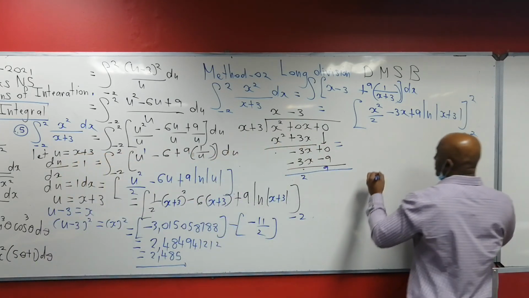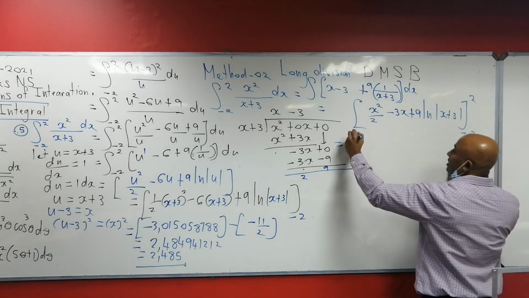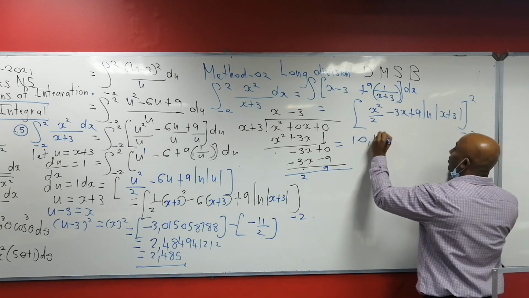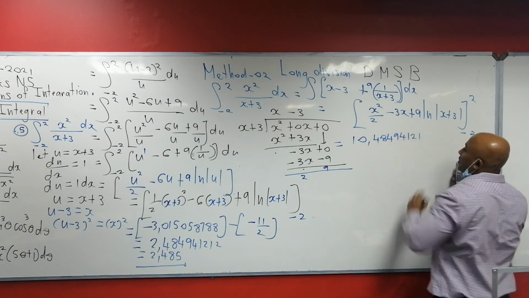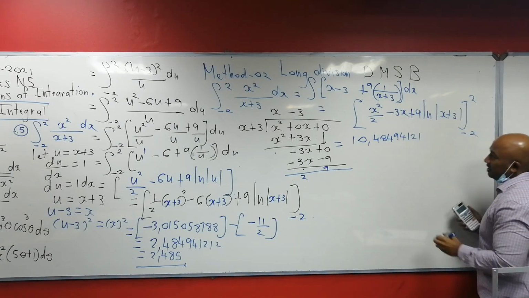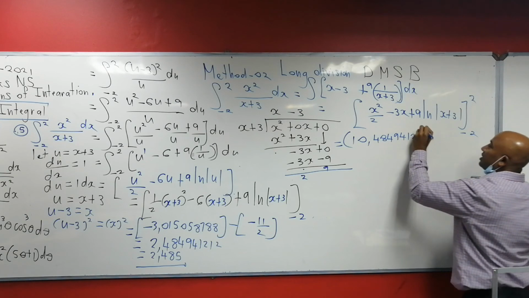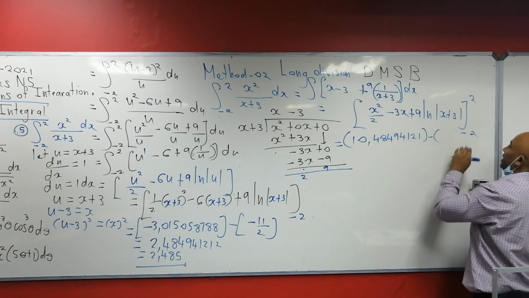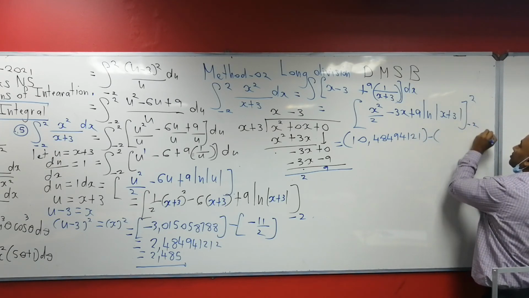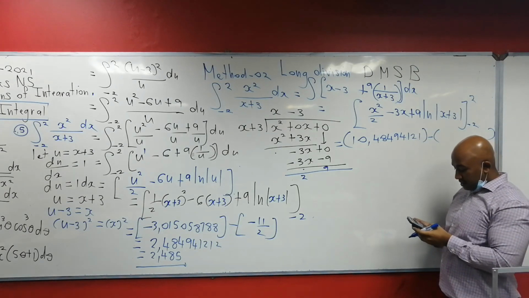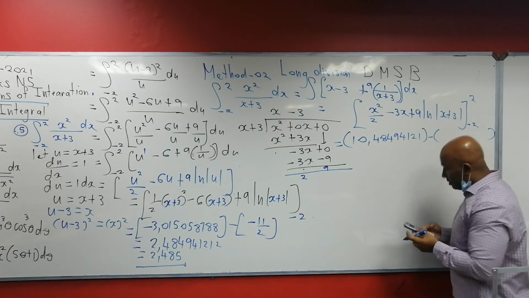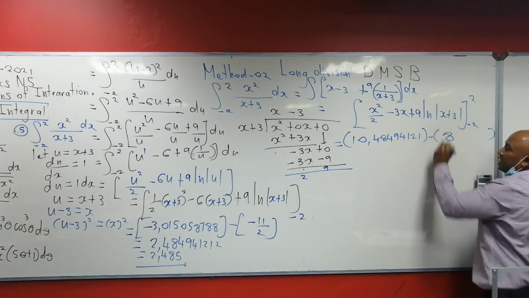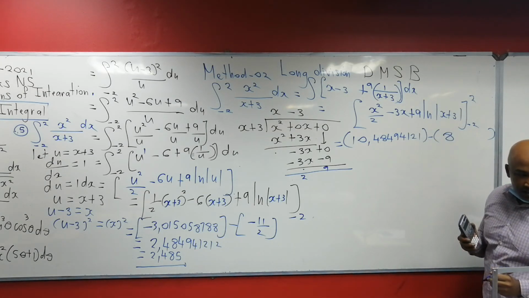When I substitute 2, I am getting 10.484941211. Minus now. When I substitute negative 2, I'm getting 8.